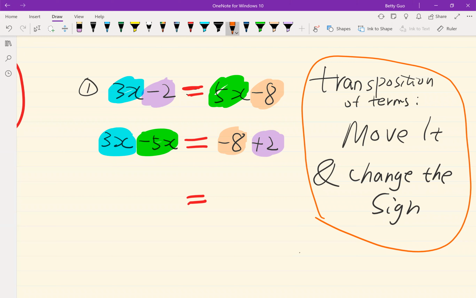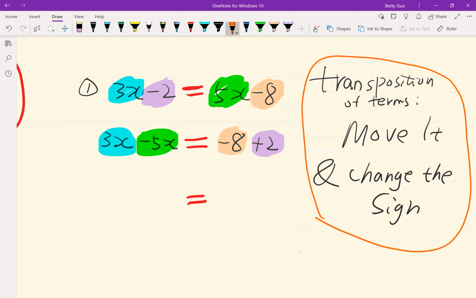As I mentioned earlier, we have 4 terms, right? Blue and green, variable terms. Purple and orange, constants. We want the blue and the green on the left, purple and the orange on the right. So we can just move them around, right? All you need to do is move them but at the same time change the sign to the opposite. Do you think you can do that? I believe if you can drive a car, you can do this.